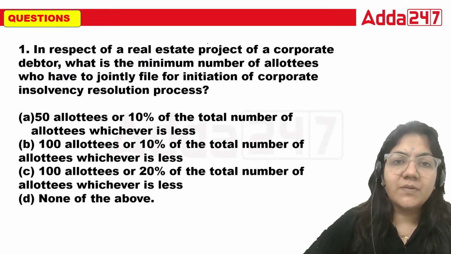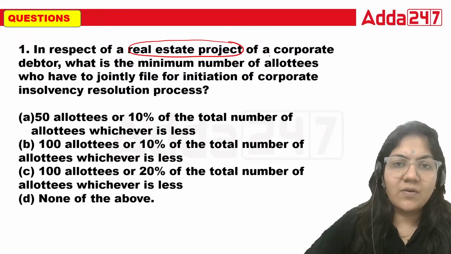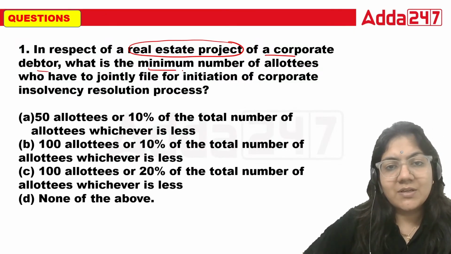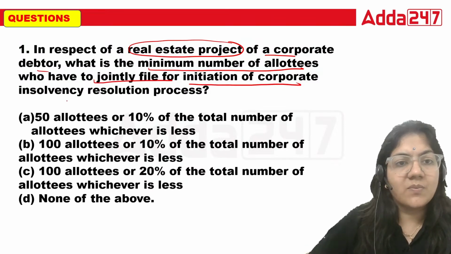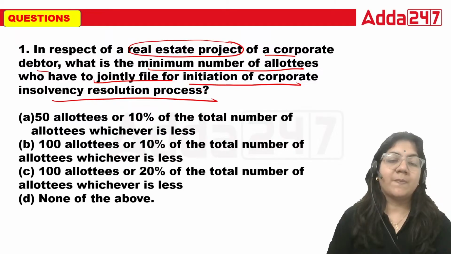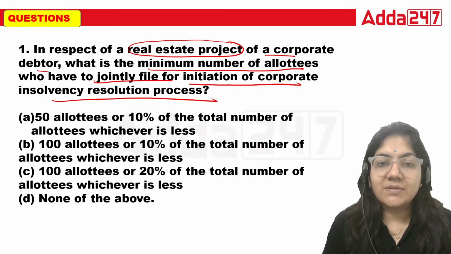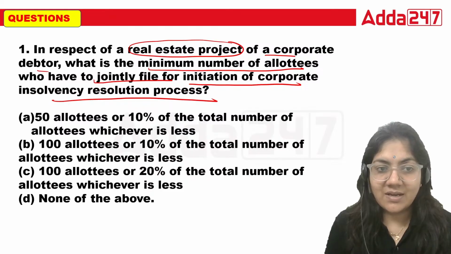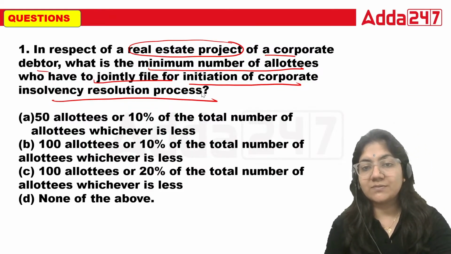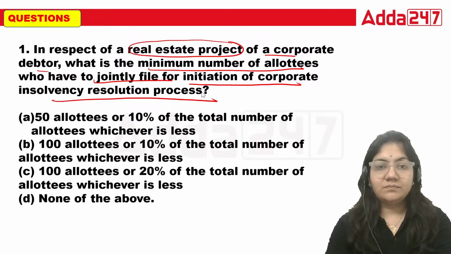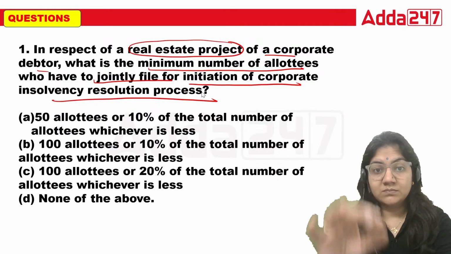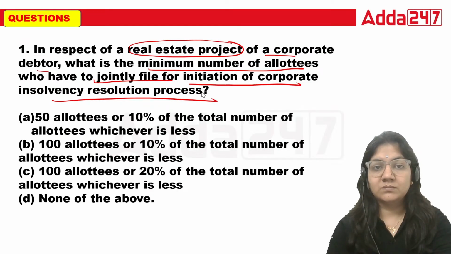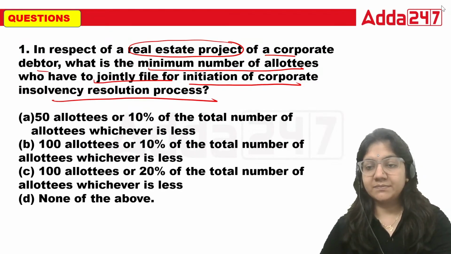In respect of the real estate project of a corporate debtor, what is the minimum number of allottees who must jointly file for initiation of the corporate insolvency resolution process? 50 allottees or 10% of the total number of allottees, whichever is less; 100 allottees, or what?